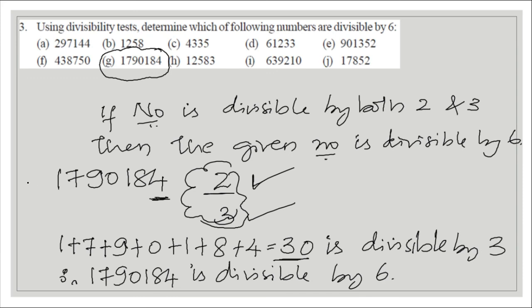You have to carry out the same method for the rest of the numbers. Then only we'll come to know whether the given number is divisible by 6.